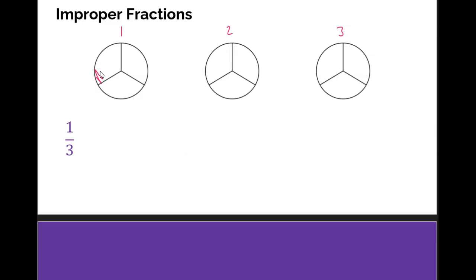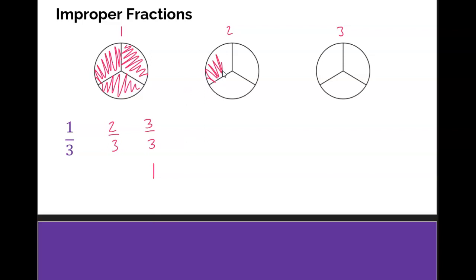Then we'd start with a third, which would be this bit right here. And then we add another third, and that would be 2 thirds. We add another third, and that's going to be 3 thirds. And remember, we can reduce 3 thirds. 3 divided by 3 is just 1. So 1 is another way to write 3 thirds.